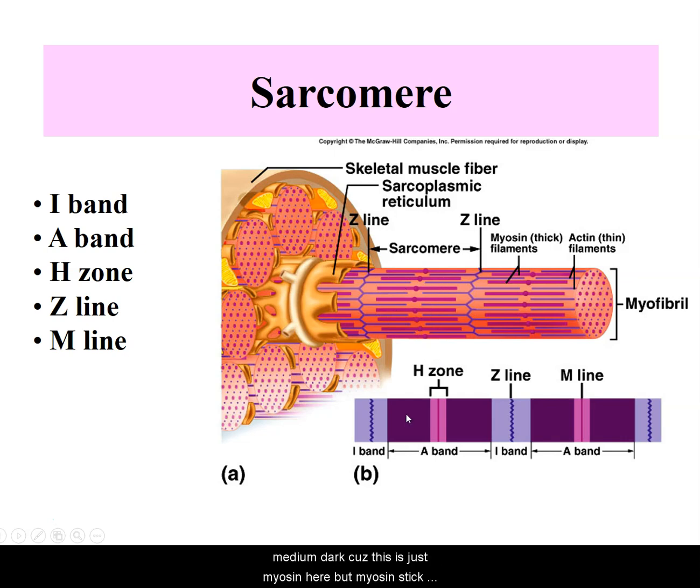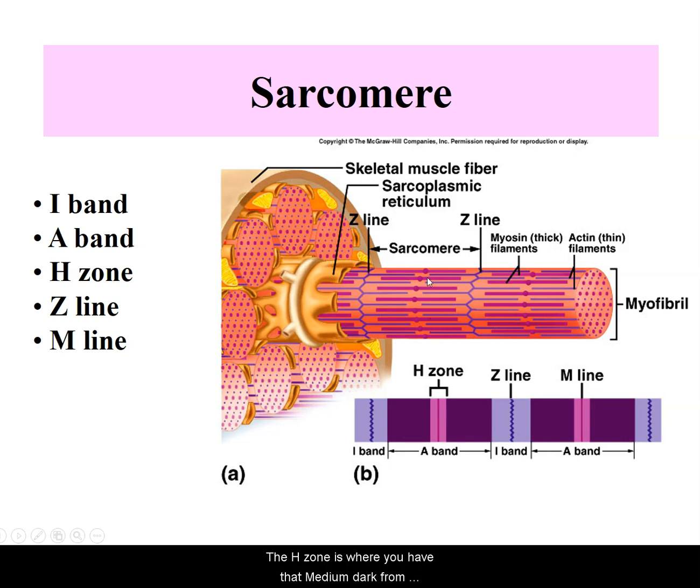Here we have the dark, medium dark, because this is just myosin here, but myosin's thick, so it's not as light as the I band, and then dark again. So the length of the myosin is going to be the A band.